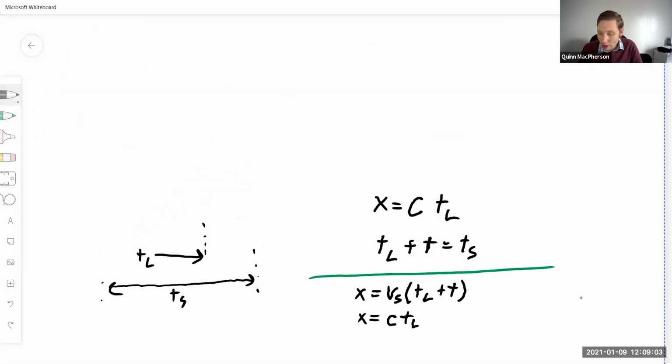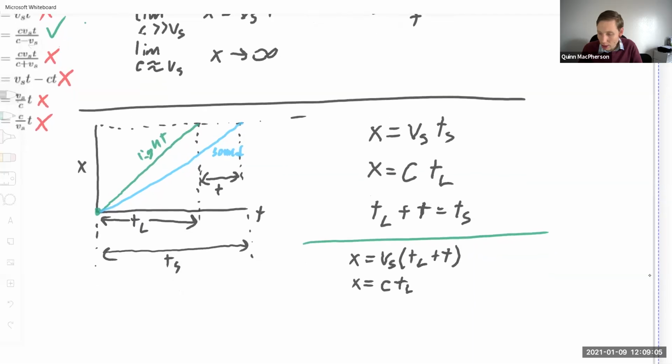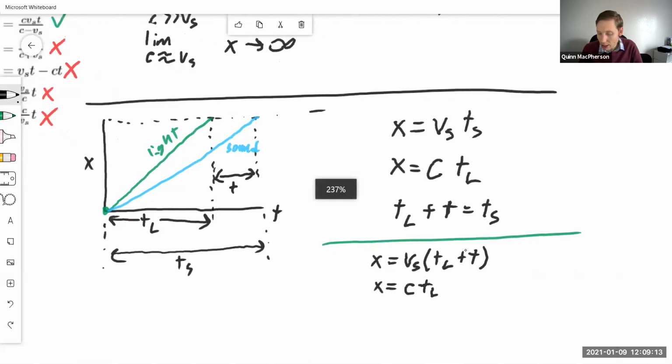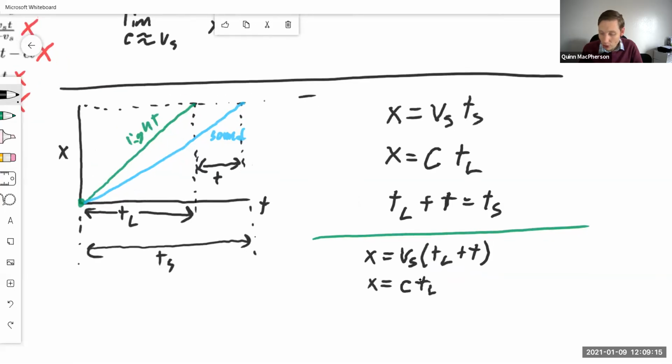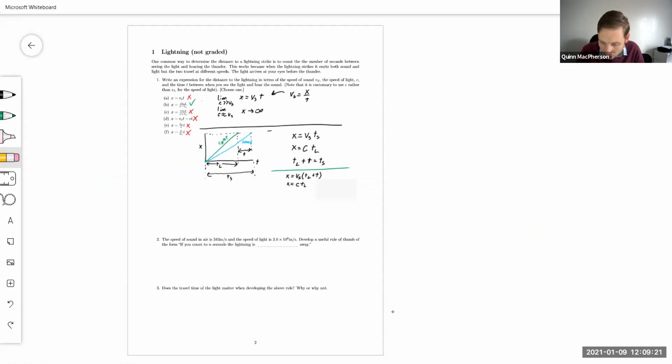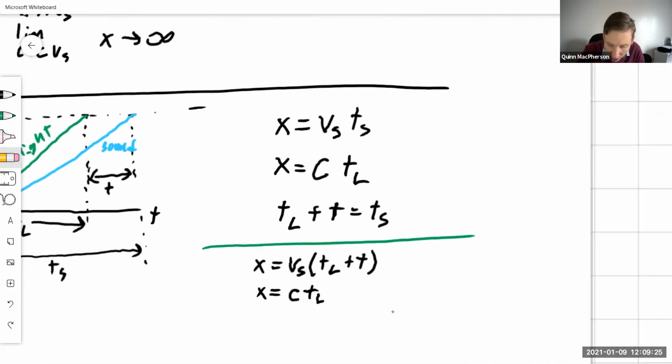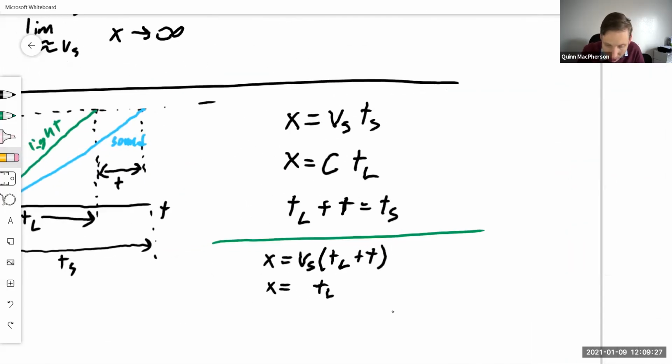The last unknown I need to eliminate is tl. So if I solve this equation for tl, I'm going to divide by c.